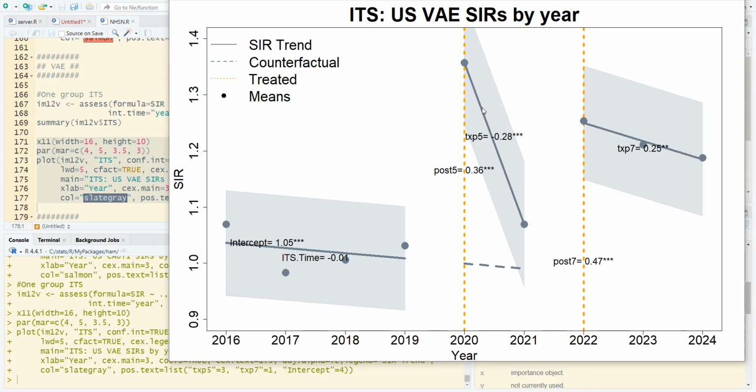So overall it's going upwards more so in this final period than it is in this middle period. In this middle period, there's a sharp decrease. We could have this pointing down more, and it would still show up as a positive TXP7 coefficient.